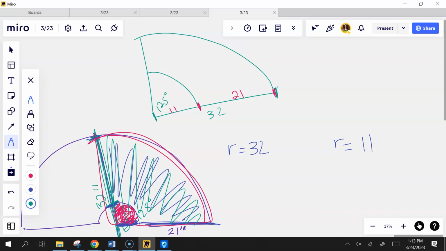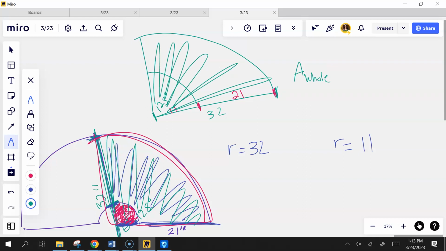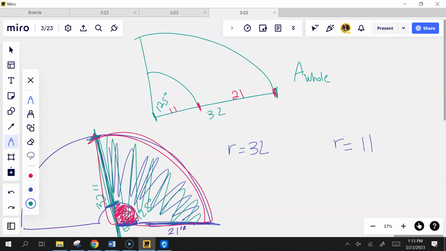So if I do the area of the whole windshield, including what it doesn't clean, which is all of this, then I can subtract out the area of the hole that's there. I use that in calculus, by the way. Whole minus hole.